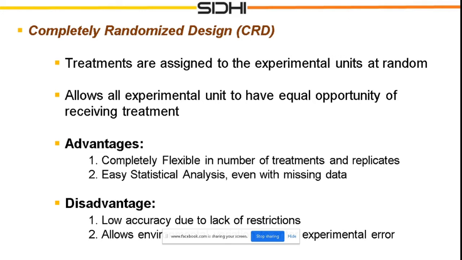Why? Because one part will be affected. It might be okay if you think, but no, because the environmental factor will be at play here, and there will be an effect in your result, and you can actually see that when you analyze your data, because the experimental error will be high.